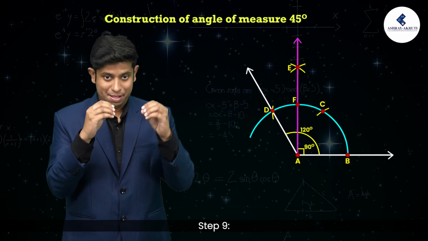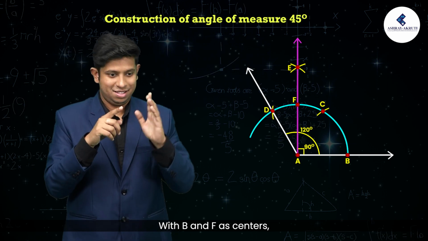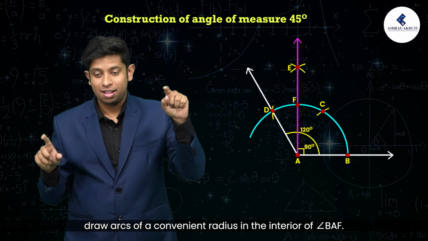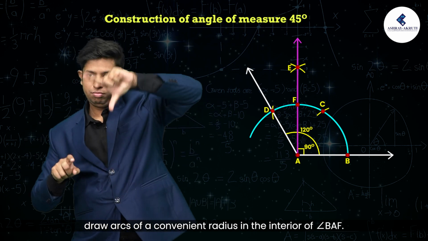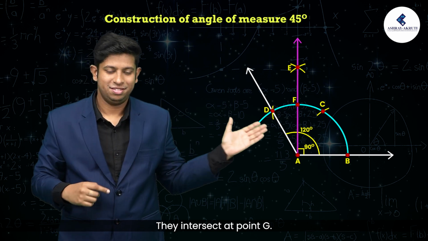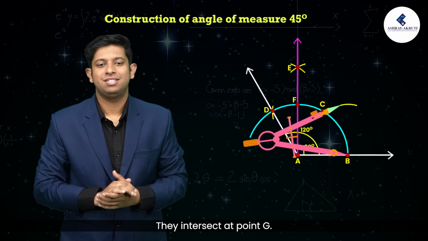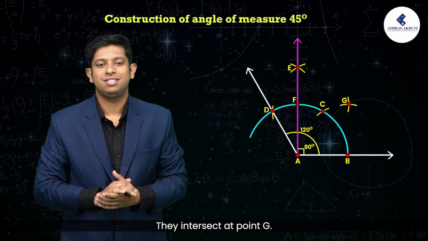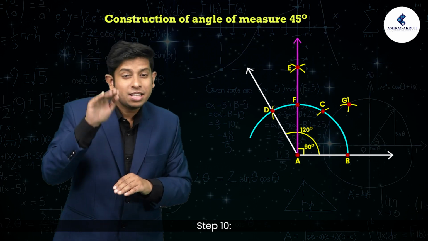Step 9. With B and F as centers, draw arcs of a convenient radius in the interior of angle BAF. They intersect at point G. Step 10.